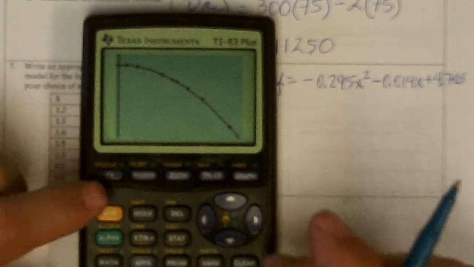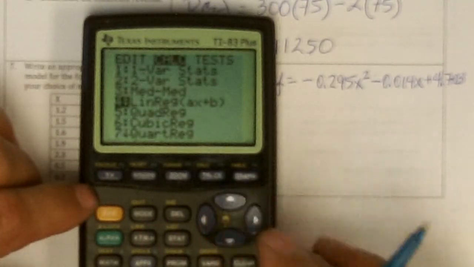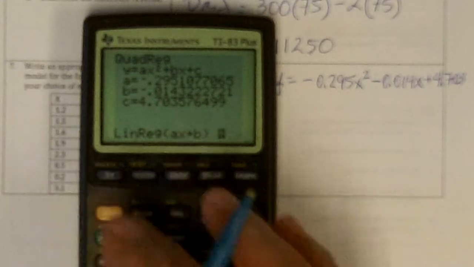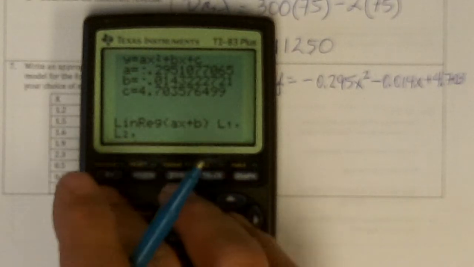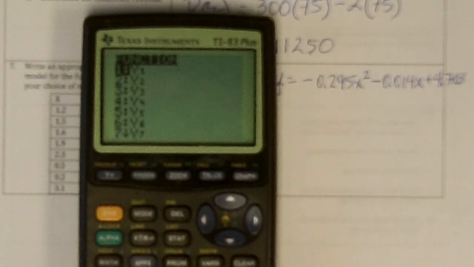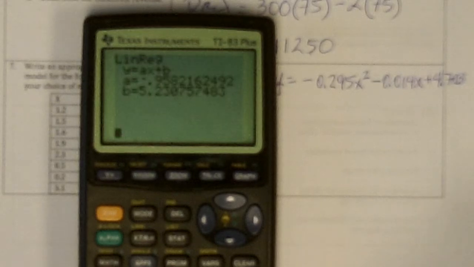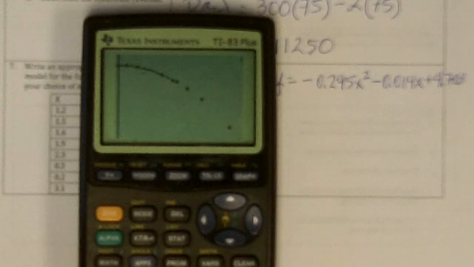Now if I'd done linear regression, stat, calculate the linear regression, and use list 1, comma, list 2, comma, and let's put it in vars, y variables, 2, and I get that equation, and when I graph it, there's the parabola from the first one, there's the line, and it certainly looks like the parabola does a better job than the line.